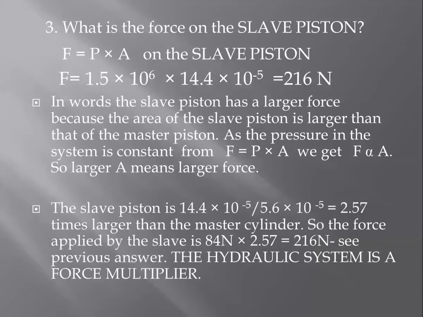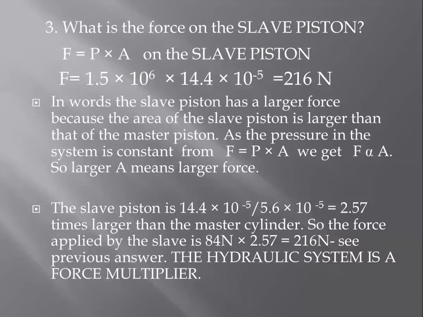And the final part is another way of answering this particular question based on the areas. The slave piston is 14.4 times 10 to the minus 5 in area. The master piston is 5.6 times 10 to the minus 5 meters squared in area. So if we divide both of those, we find that the slave piston is 2.57 times larger than the master cylinder.